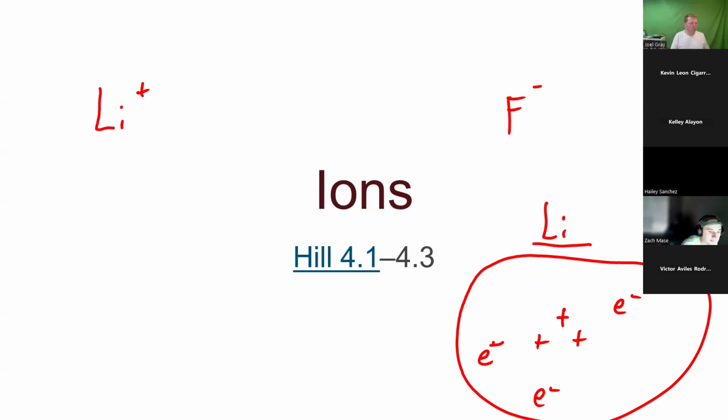What is the charge of this right here? Perfect. Understanding that is at the heart of everything that you need to know for charges of ions and understand what an ion is. An ion is something that results from gaining or losing electrons.